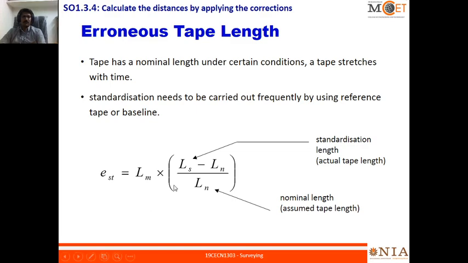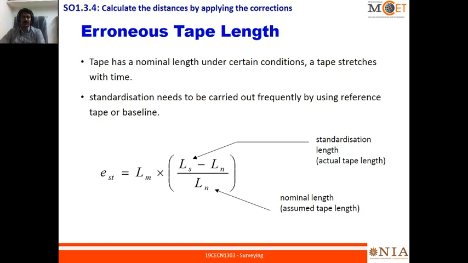Here we try to explain the terms. LM is the total measured length. It may be 2000, 3000 or whatever distance we totally measured, that is represented by LM. And LS is the standardization length, that is the actual length. Say the 30 meter chain we are using is too long, how much long?